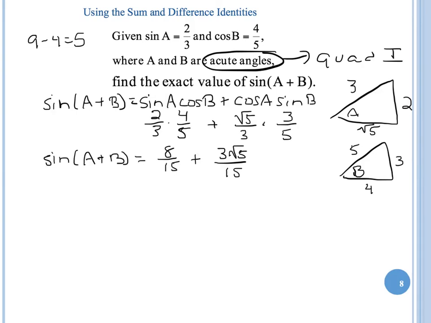And I have a common denominator. And that must be the sine of A plus B.